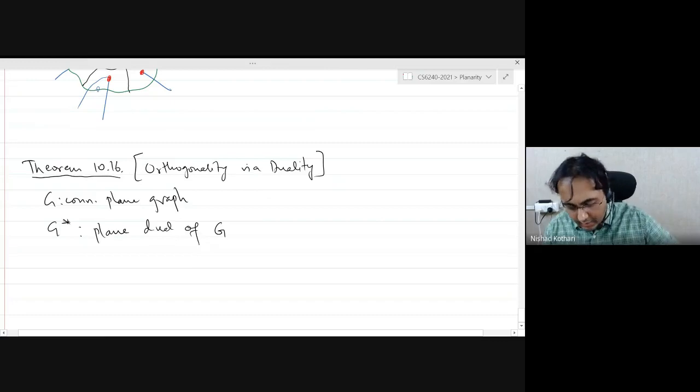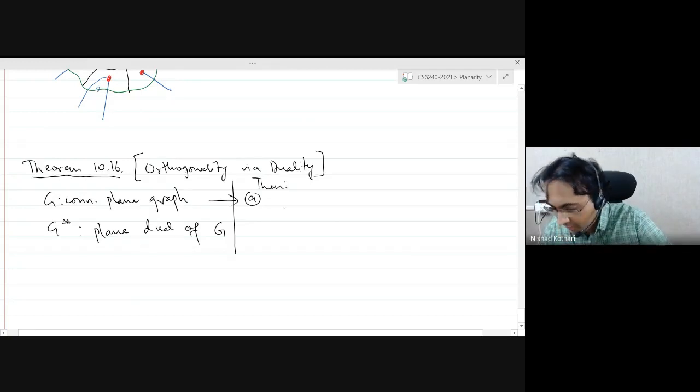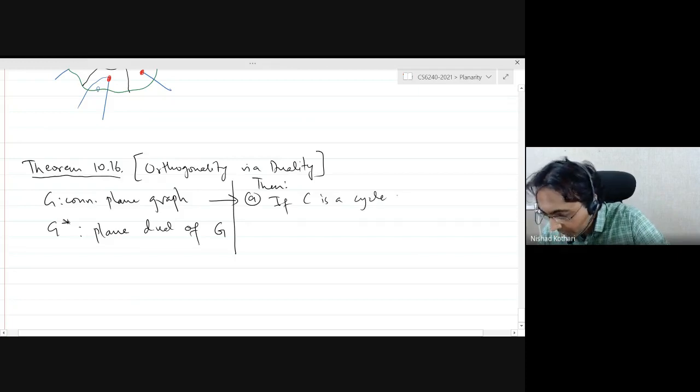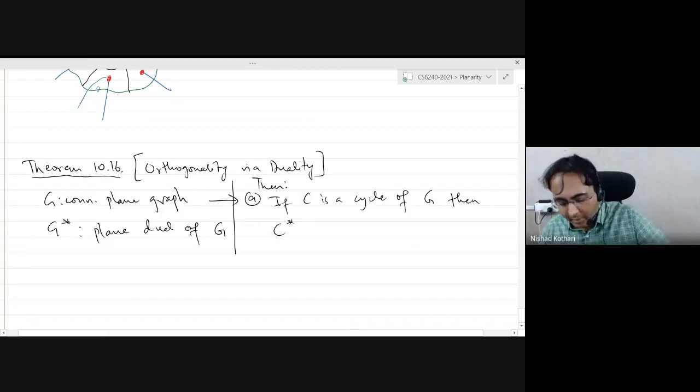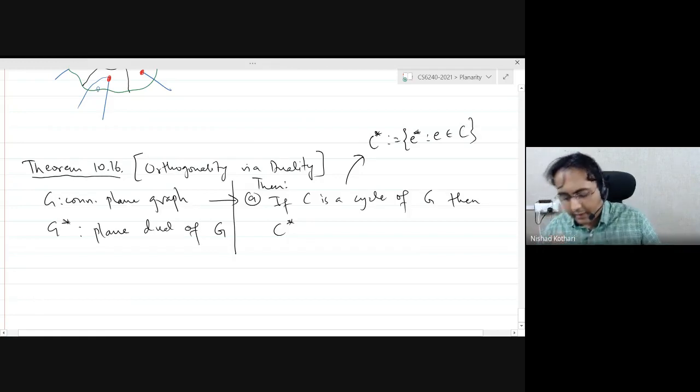Okay, then the following are true. If C is a cycle of the plane graph G, then the corresponding edges C star, right? So what I mean by C star is the set of all edges E star such that E belongs to the cycle C. We are viewing cycles and bonds as sets of edges.